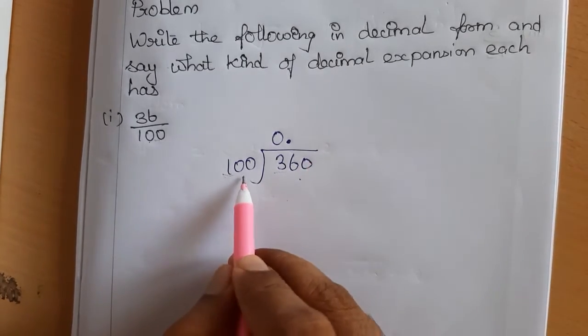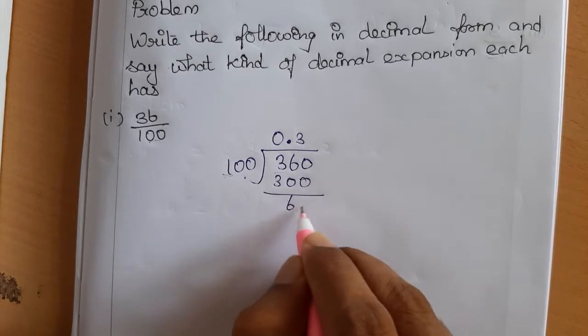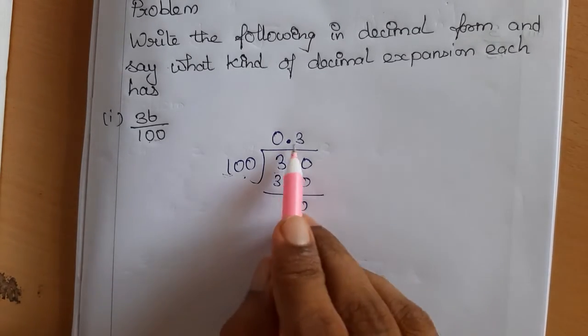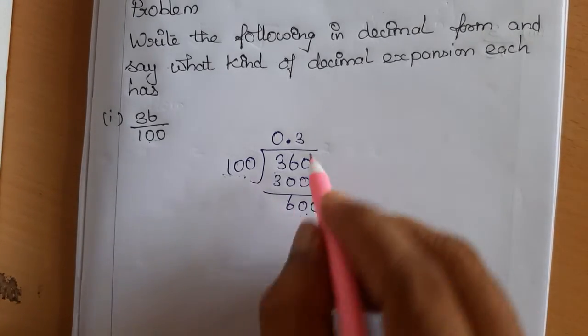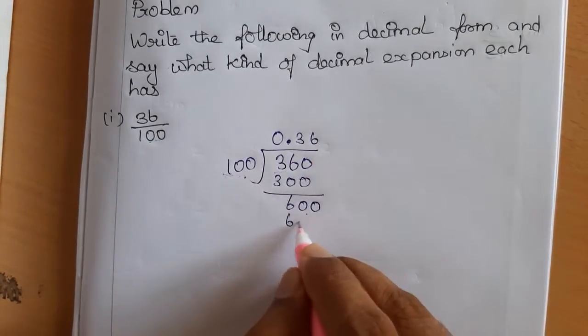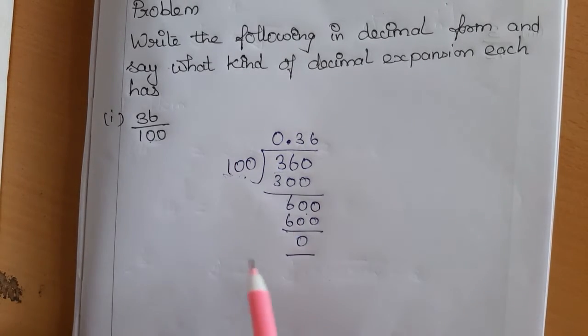So 360 by 100, 3 times is 300 and the balance is 60, right? So already we have a decimal, so we can add a 0. So 600, how many times? 6 times 100 is 600. So here what kind of decimal expansion is it? It is terminating, right?